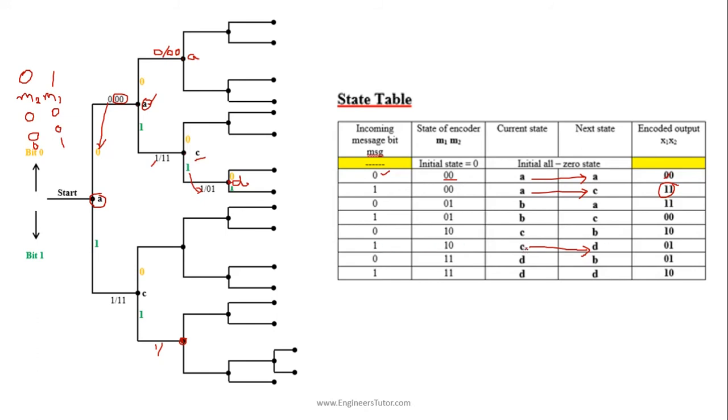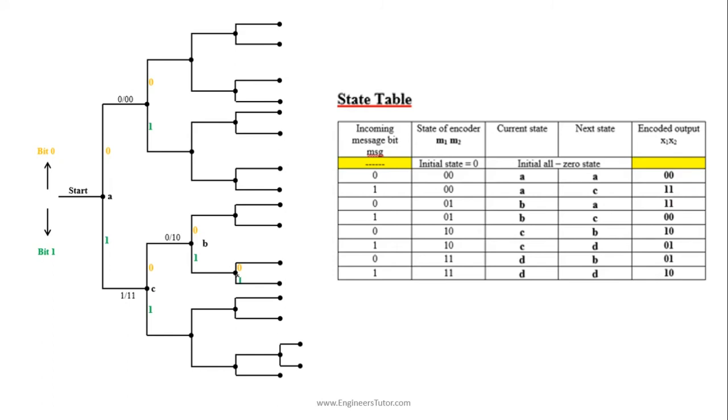Again the state changes from C to D, and the output will be 0 1. In this way we find the next state and the output of the branches. The outputs will be represented on the branches of the tree diagram.